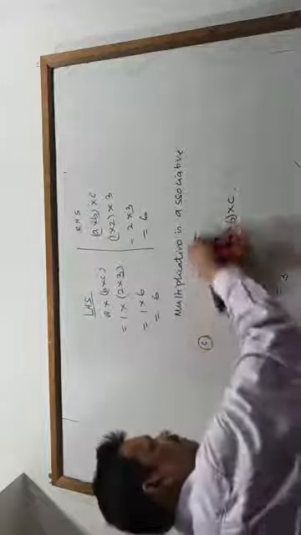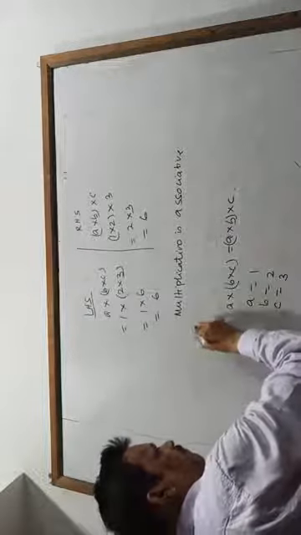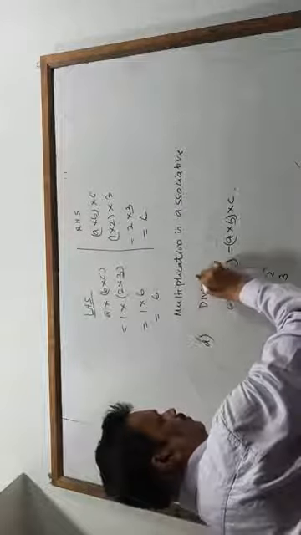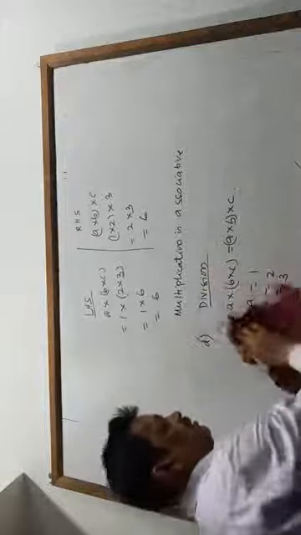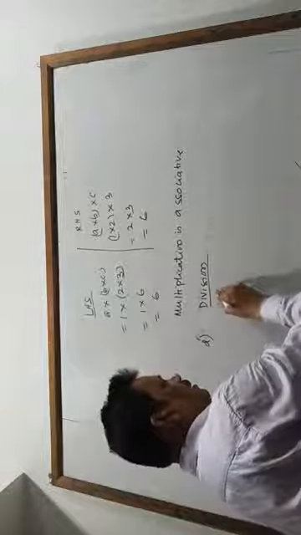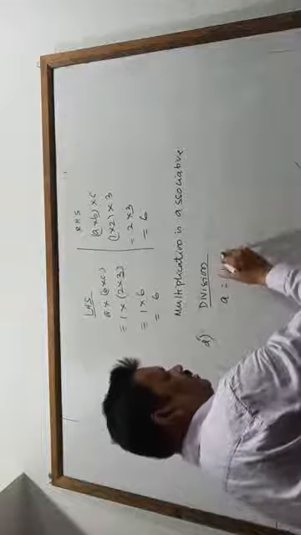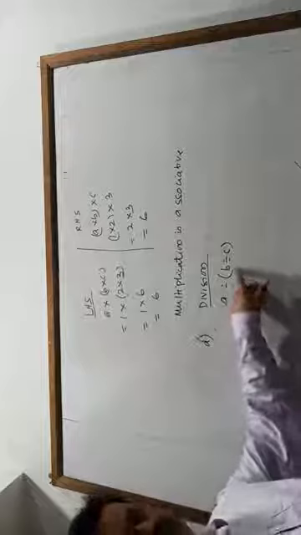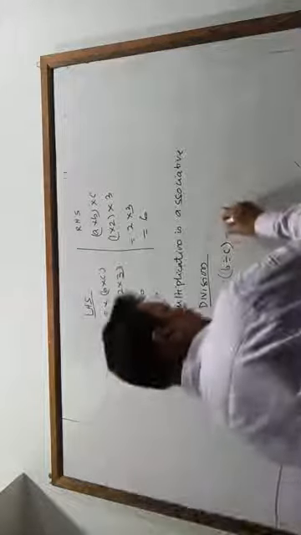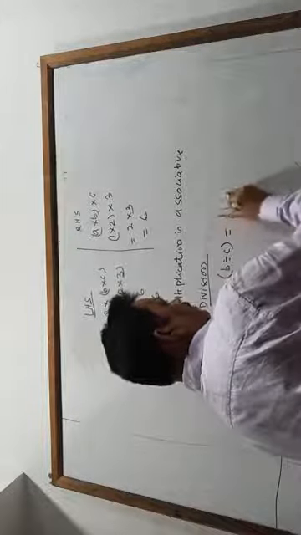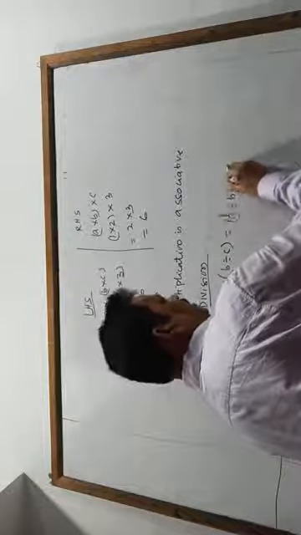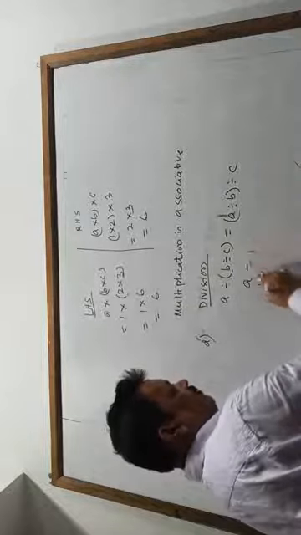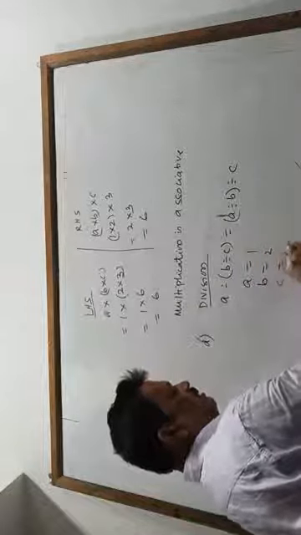Then you take division. Division you have to take A divided by B divided by C. Same thing, take A equals 1, B is 2, C is 3.